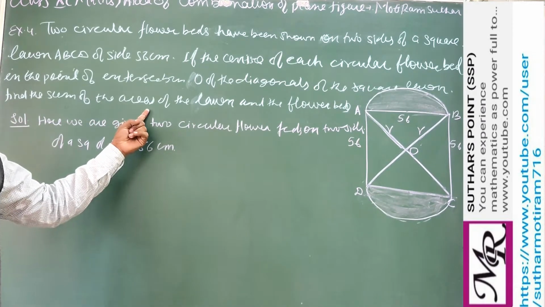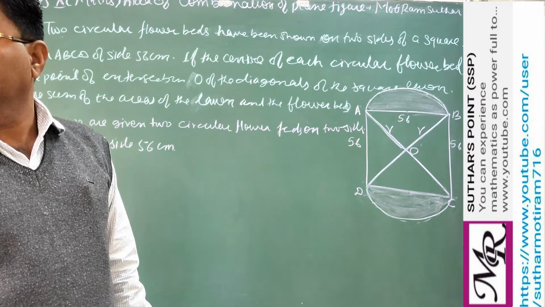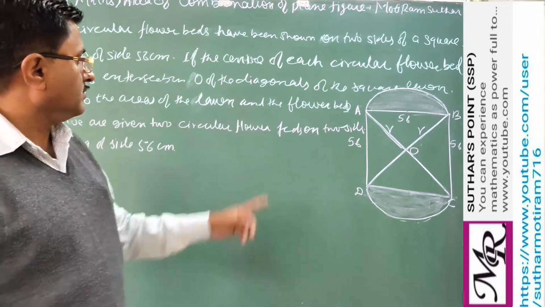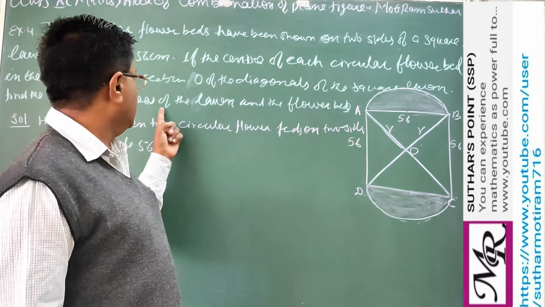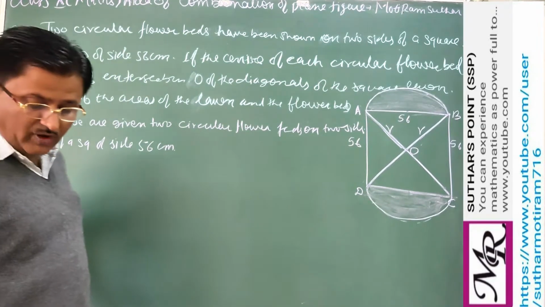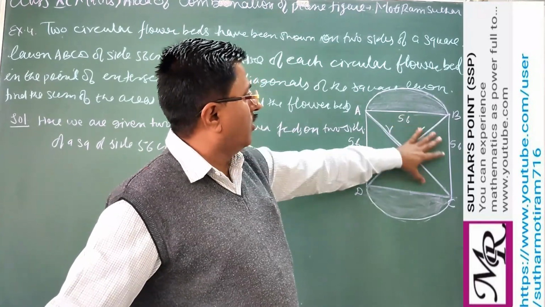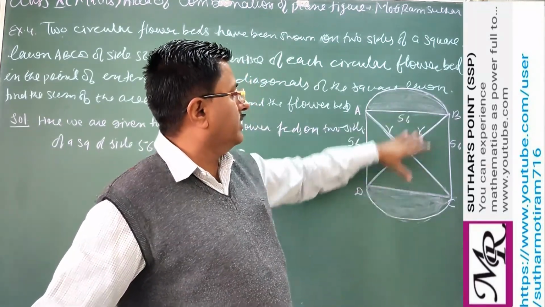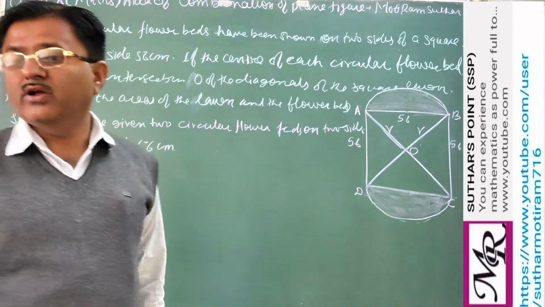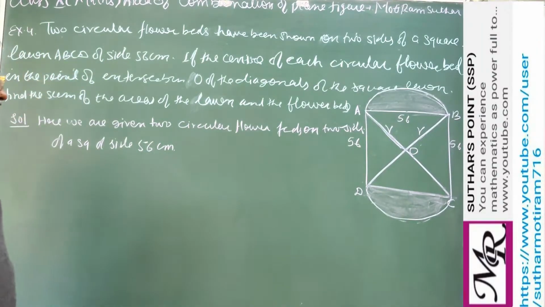Now find the sum of the areas of the flower bed and lawn. The whole ABCD is a lawn, and these are the circular flower beds. So you have to find that. Clear? There are two methods.